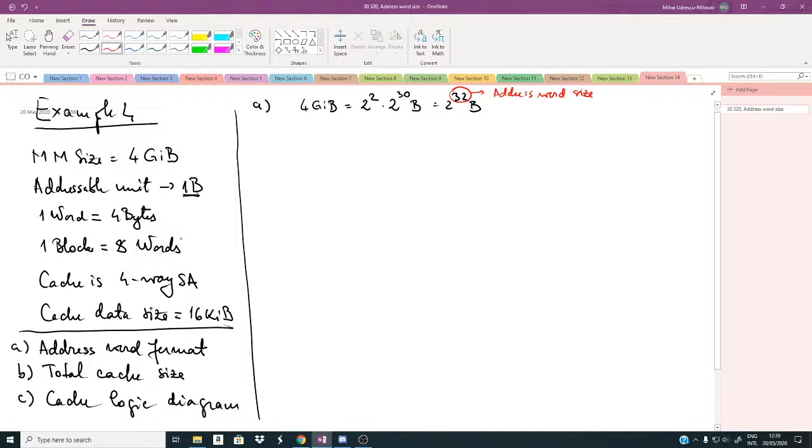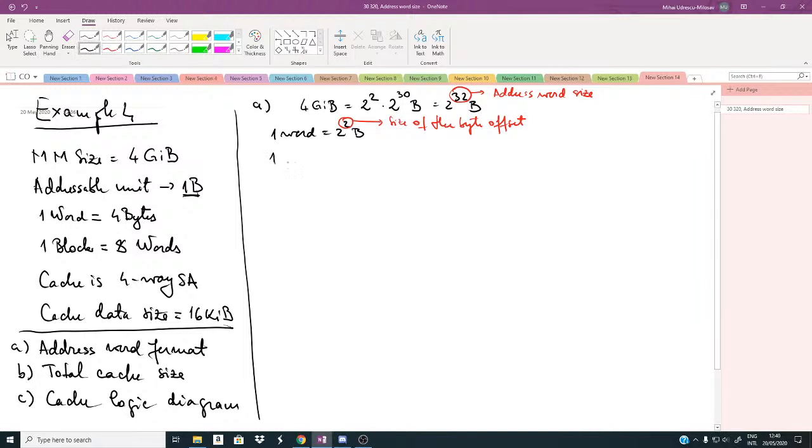Okay? Now, coming back to our offsets, right? One word has 2 to the power 2 bytes, and therefore 2 is the size of the byte offset, that field that identifies each byte in a word.